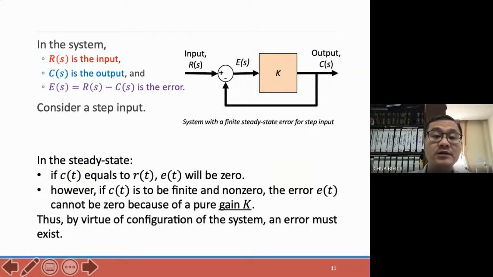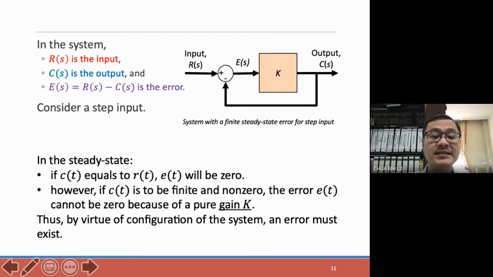So in this feedback loop system, as usual, we use R as the input, C as the output, and E would be R minus C, which gives us the error.